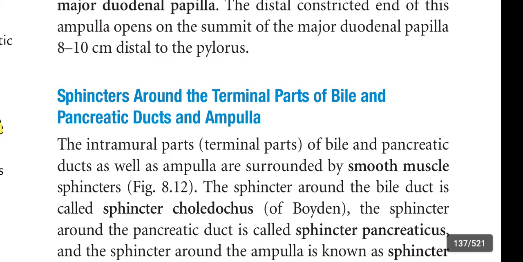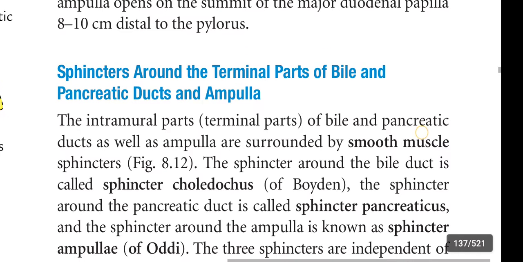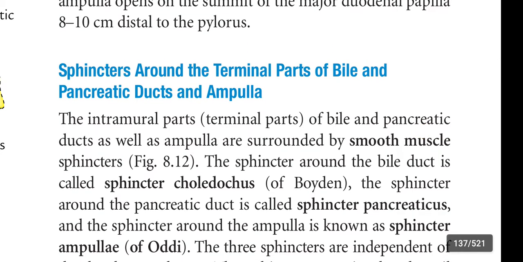Intramural parts means nothing but intraduodenal parts. These are the sphincters around the terminal parts of the bile and pancreatic ducts and ampulla. The intramural parts, the terminal parts of the bile and pancreatic ducts as well as the ampulla, are surrounded by smooth muscle sphincters.